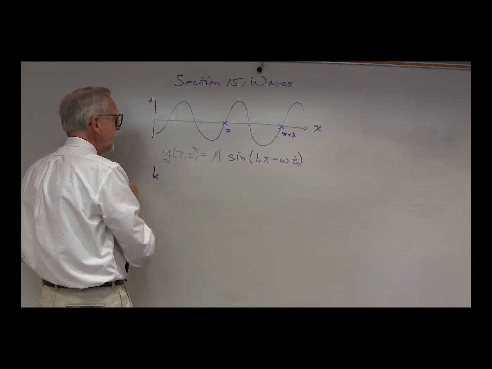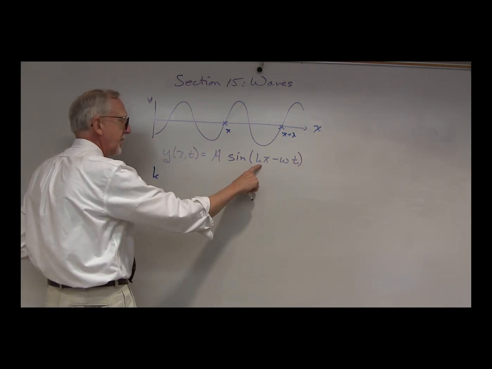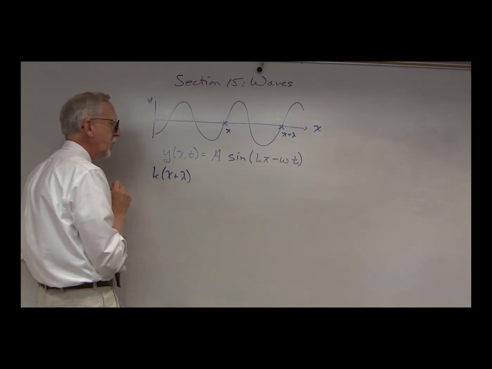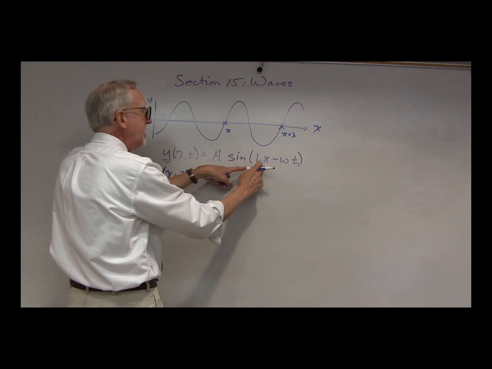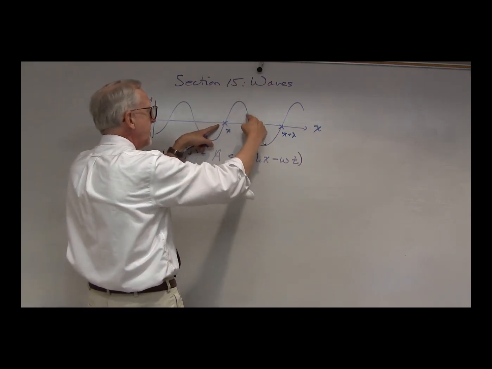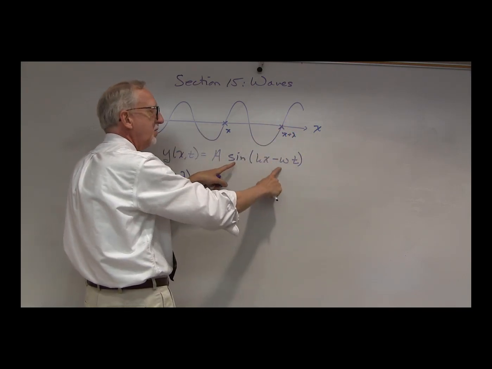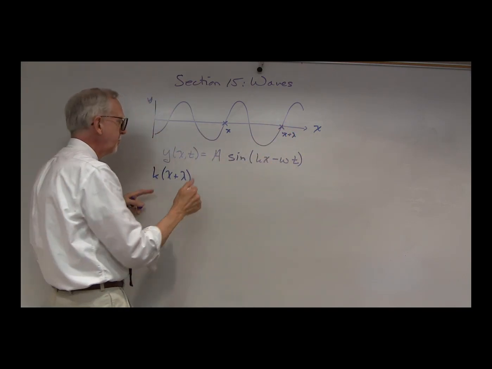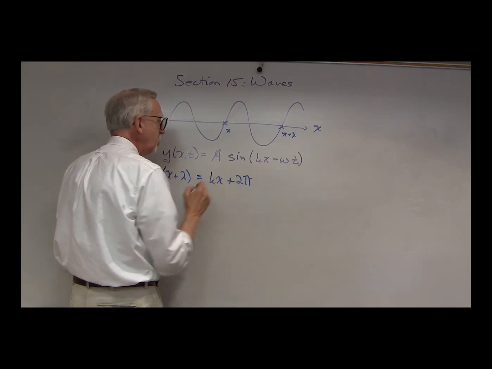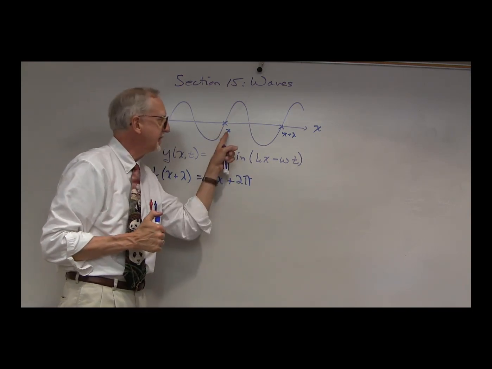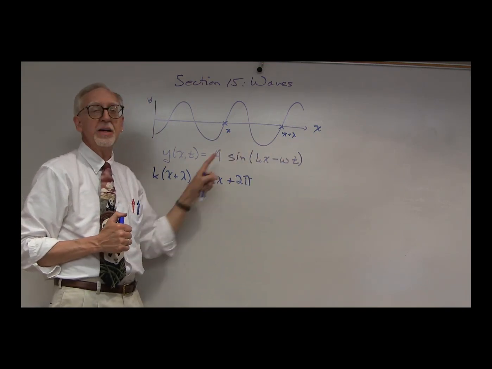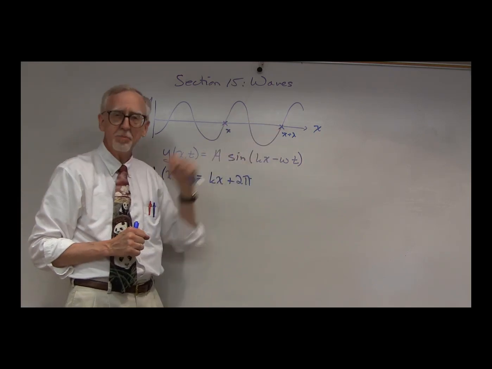So if we go from x to x plus lambda, we expect that to be an increase of the argument of an amount 2 pi, right? So to make one complete wave, the argument of the sine has to increase by 2 pi. So this must be equal to kx plus 2 pi. An increase of x by lambda means an increase of the argument by 2 pi, so that we will go through one complete wave.